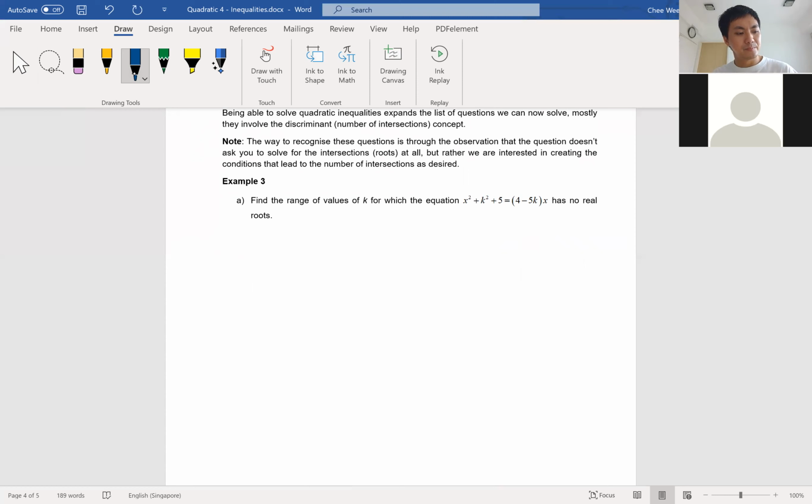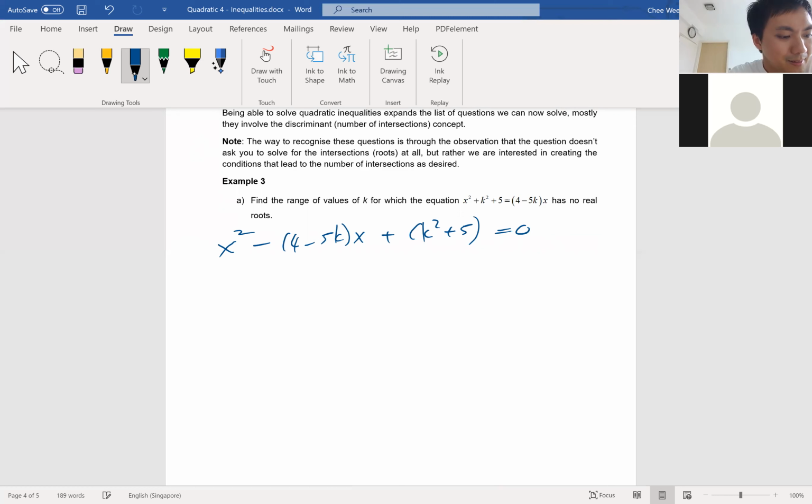Has no real roots. So we can move the 4 minus 5kx over to the other side. So then it would be x squared minus 4 minus 5kx plus k squared plus 5.